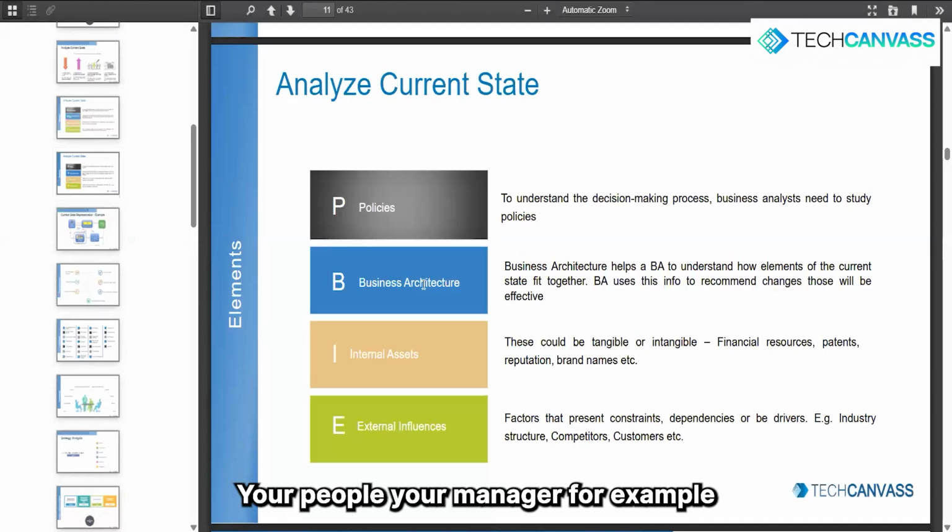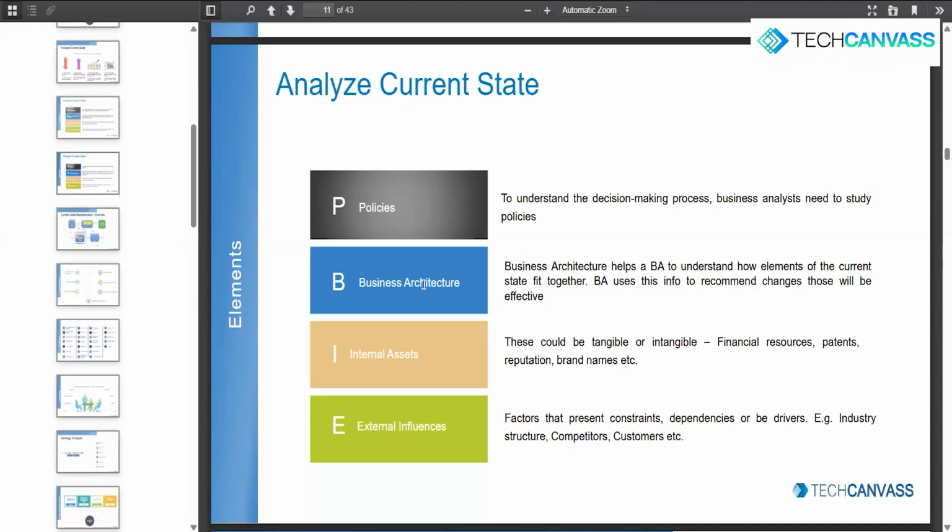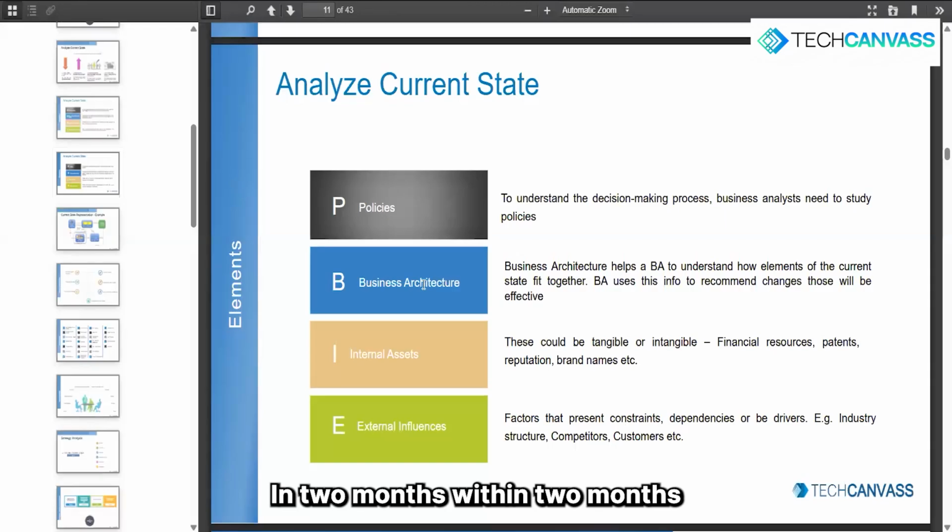Your manager, for example, says that we want to hire 5 new people in our team who know agentic AI within 2 months, and your HR is not able to find those guys. That simply means that your HR function in your organization is not supporting the IT function very well. Happens very naturally.